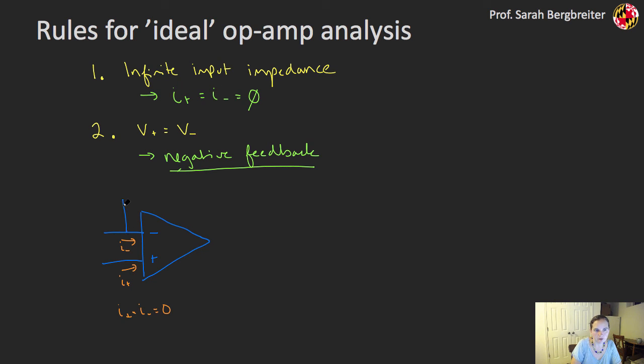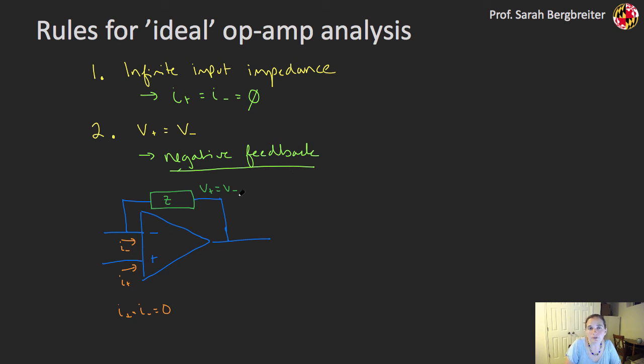And I also assumed my second rule, assuming I'm in some kind of negative feedback configuration, so there might be some random block of impedance in here, some Z shows up right there, but my output is connected to that inverting input through some network of stuff. Then in that case, my V plus equals my V minus. So V plus equals V minus here.